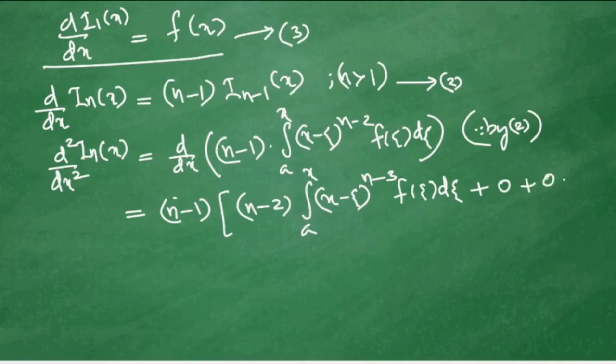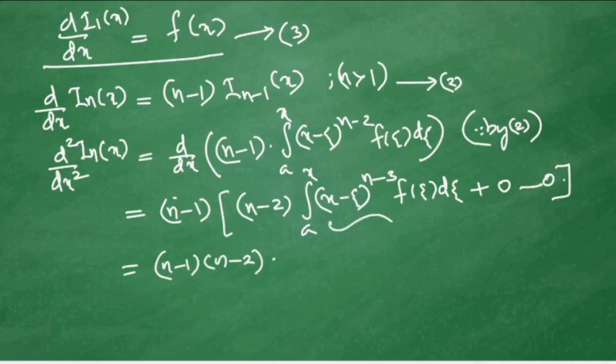So the third term is also 0. So this is equal to n minus 1 into n minus 2 into, now we can write this as I n minus 2 of x provided n is greater than 2.